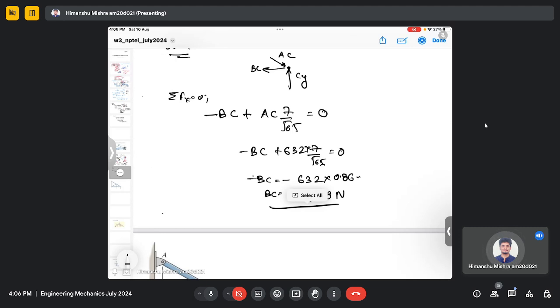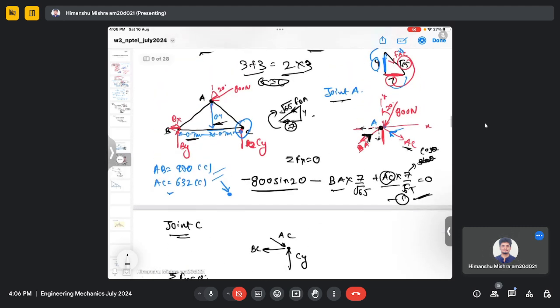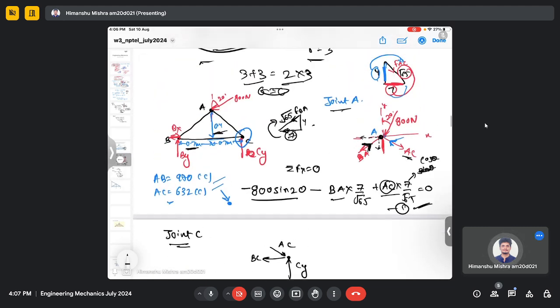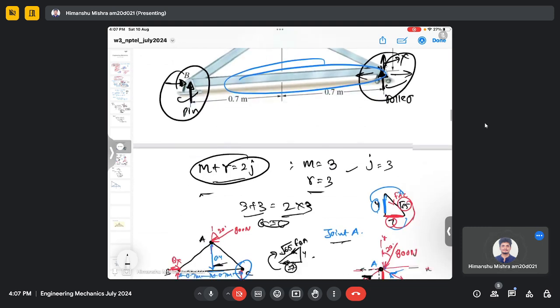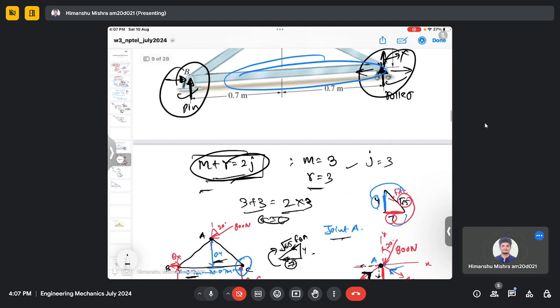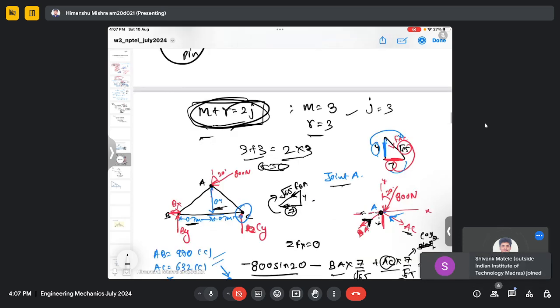So we have already calculated the force in all the members. Just to recap, we used the method of joints to calculate the force in all the members. First we checked whether the system is statically indeterminate or not using this equation, and it satisfies this equation, which means we can proceed with the method of joints.